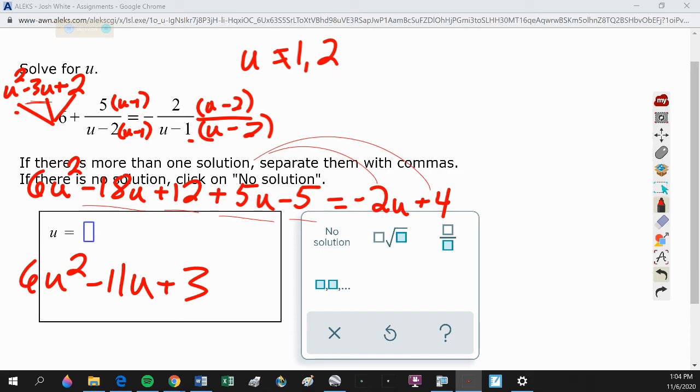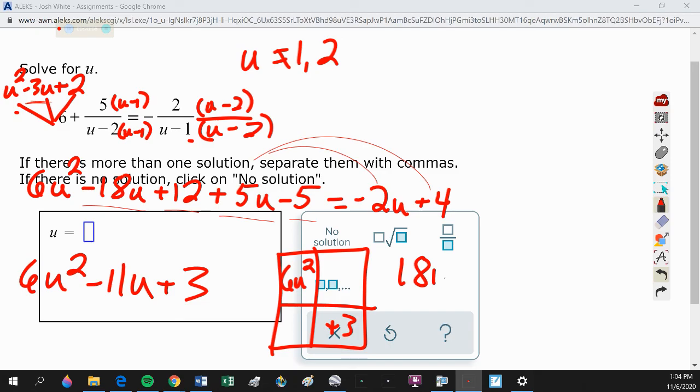Hopefully this factors. If it doesn't, we have to use a quadratic formula. So I draw the box. 6u squared and 3. That makes 18u squared. Can I build a negative 11 using an 18? 9 and 2.